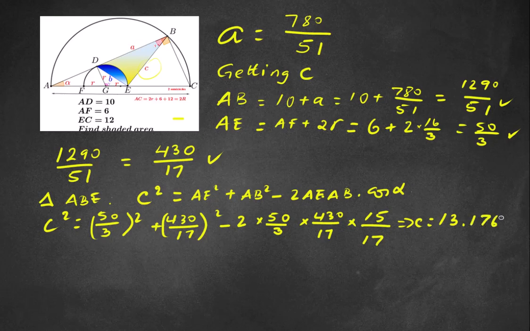It is 13.17670401. Now we are going to find our angle beta.